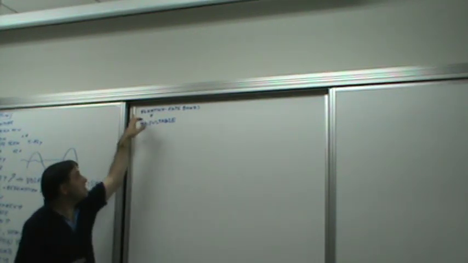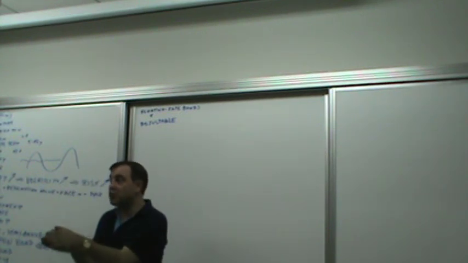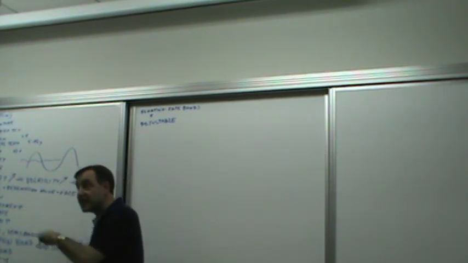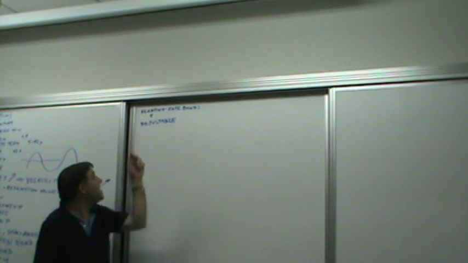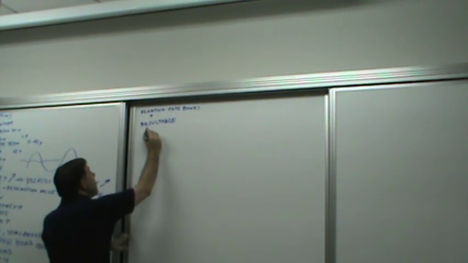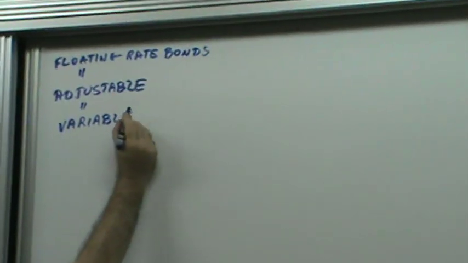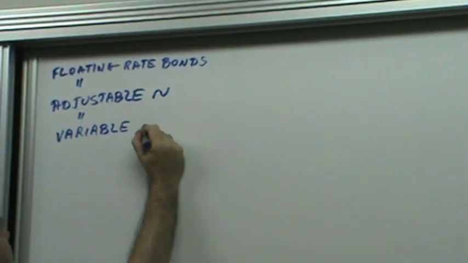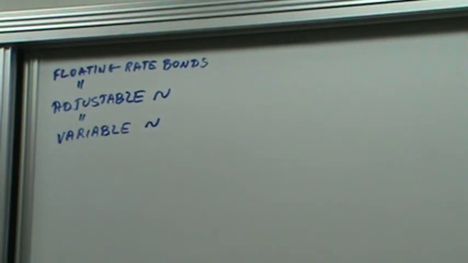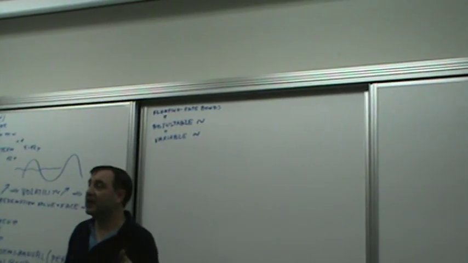But all you have to understand is you've got fixed rate bonds where the coupon rate is fixed, and variable rates. So you've got adjustable rate and you've got variable rate, and it is all the same concept. So every year you will adjust it.